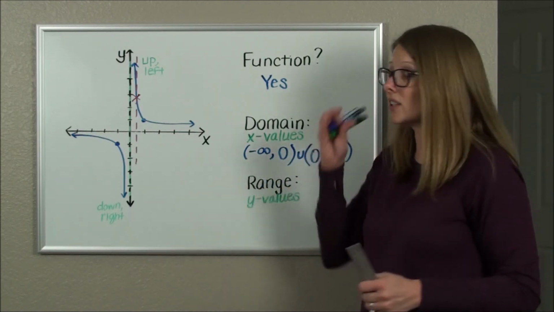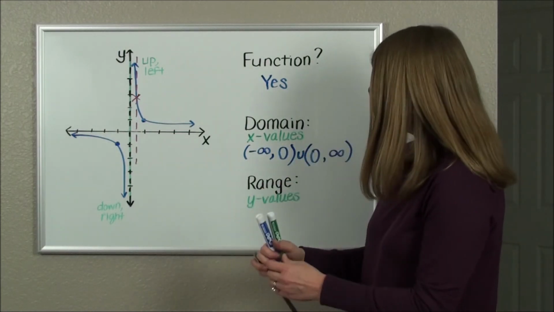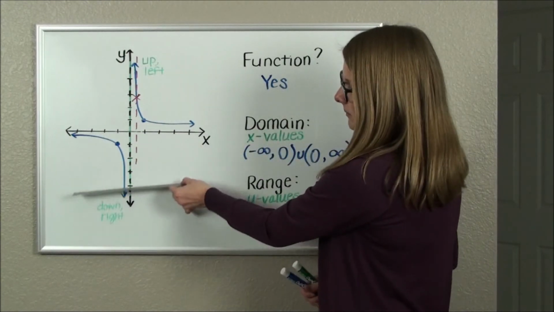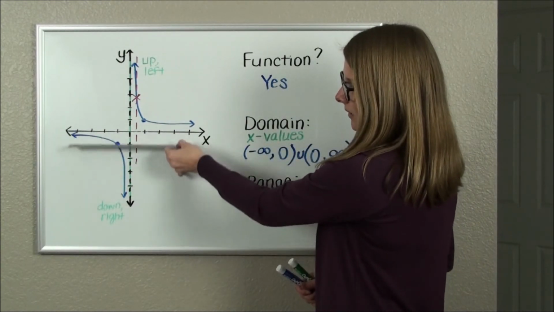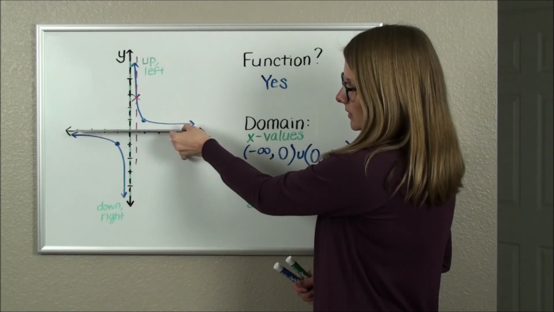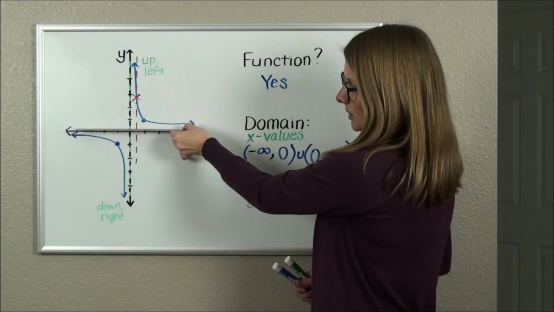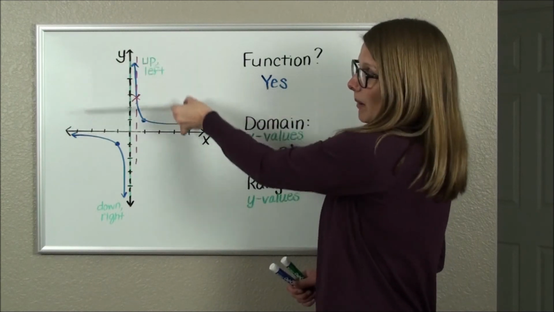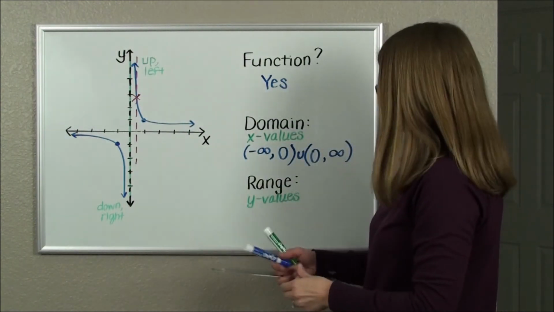I'm going to do essentially the same thing on the range. The range is our y values going from the bottom to the top. But again, as I'm scanning, I see here's a first piece down here, and then it appears as though there's another asymptote here where there's a hiccup and a break, and then I continue back on with another piece to the puzzle.